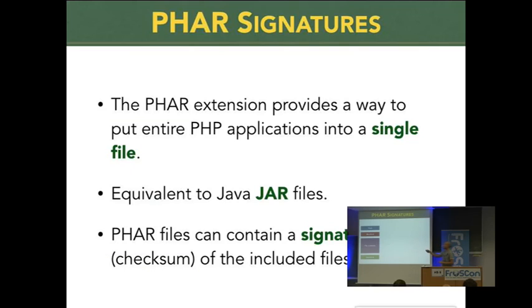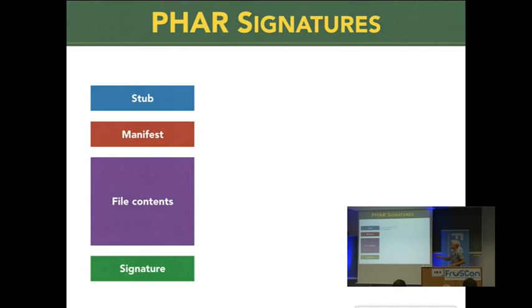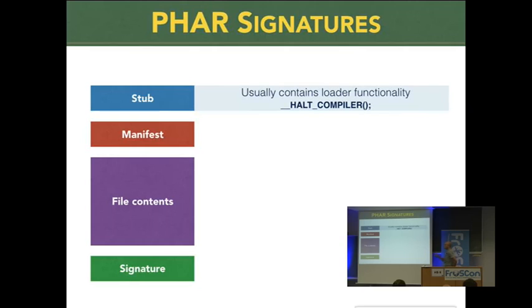PHAR files are divided in 4 blocks. At first, there's a stub, which usually contains some loader functionality, basically some code to be able to map between the included files and the PHP code. It always ends with this function, __HALT_COMPILER. Who knows what that function does?